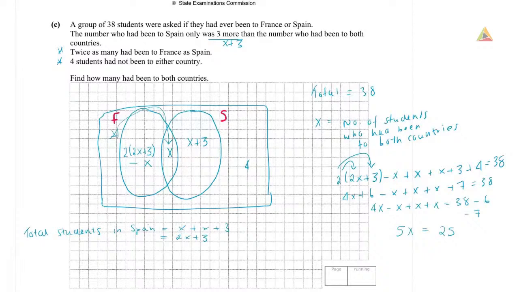So 5X is 25, therefore X is 25 divided by 5. So X is 5. That's what you were asked to find out: how many students had been to both countries. The answer is 5.